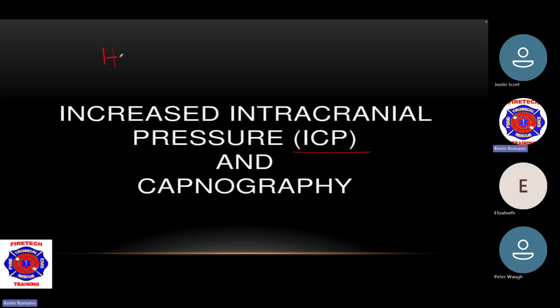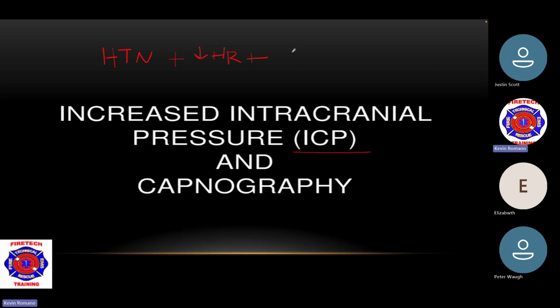The halo effect would be if you had any kind of leakage, so cerebrospinal fluid coming out. So I'm going to put HTN plus. Increased heart rate, I heard decreased heart rate. Yeah, bradycardia, decreased heart rate. And then the last one.